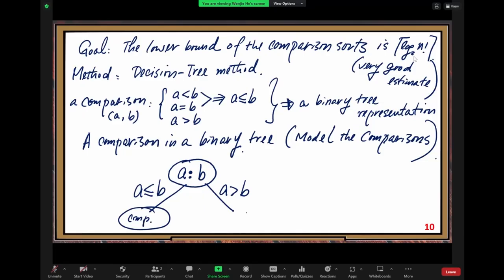Another comparison, and here another comparison.